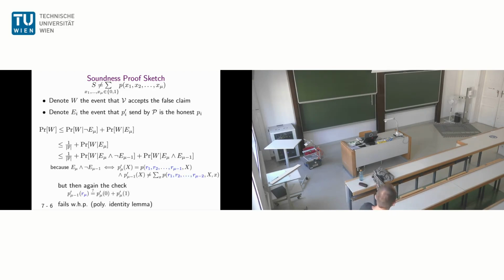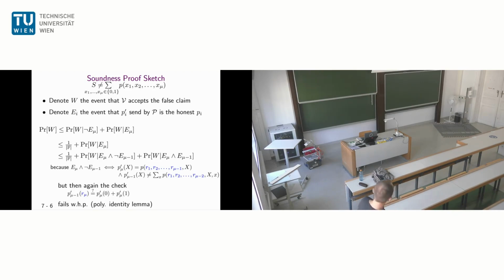So this thing again, we can rather quickly upper bound. Again, what do these events translate into? If the last polynomial is the correct one, we have this equation, okay? So this polynomial the verifier will send will actually represent the evaluation of the correct polynomial at all but the last points. And the second last polynomial the verifier will send is now unequal to what it should be, okay?